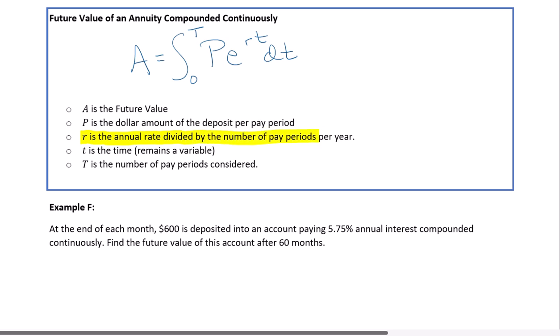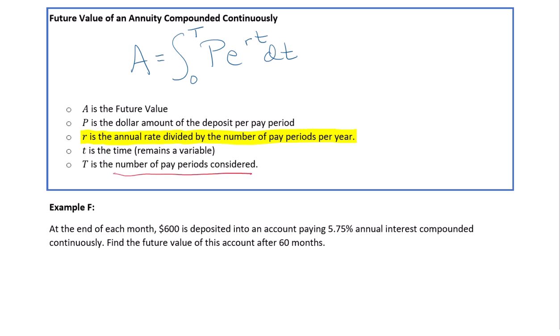However, it is divided by the number of pay periods per year. Okay, so again, this is an annuity compounded continuously. T is still the time as a variable, and capital T this time is the number of pay periods considered. So we have to figure out what those pay periods are going to be.